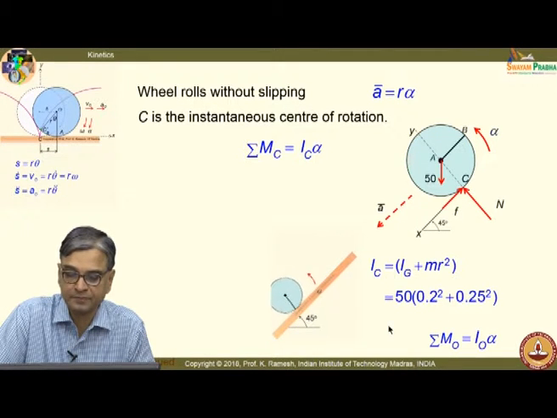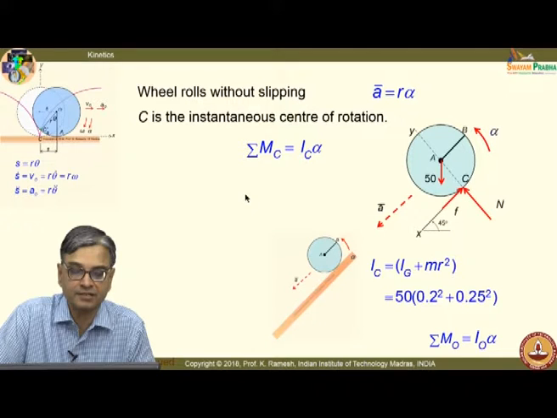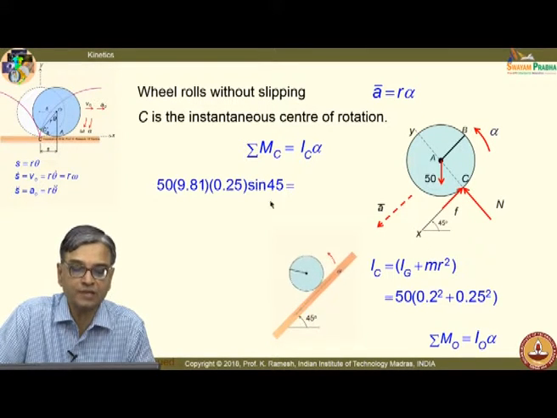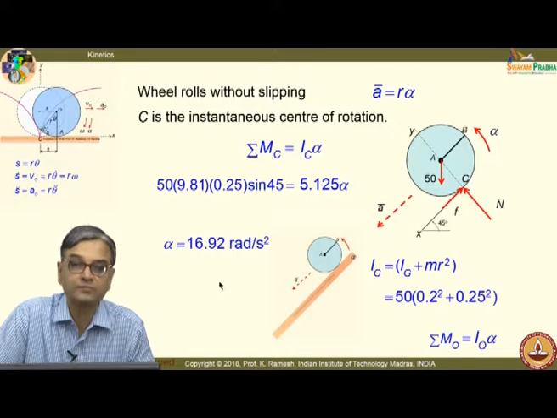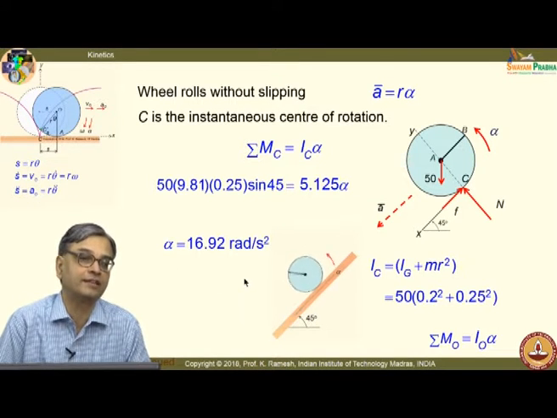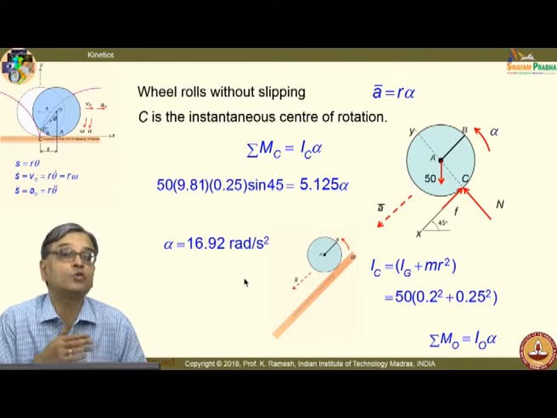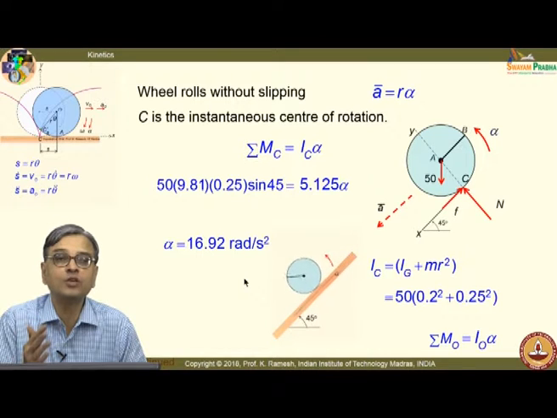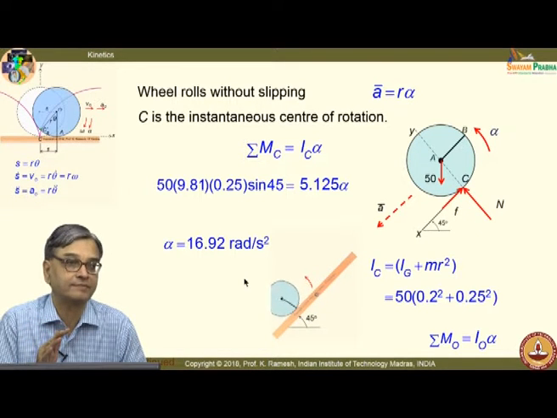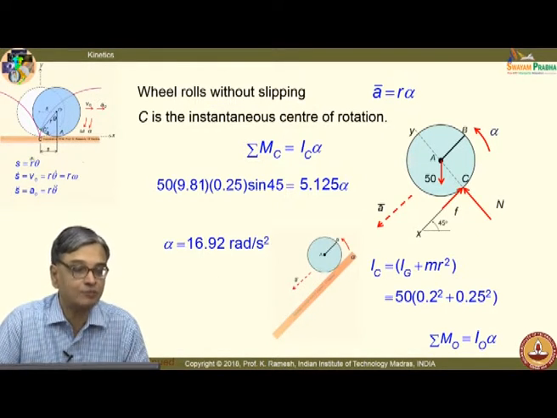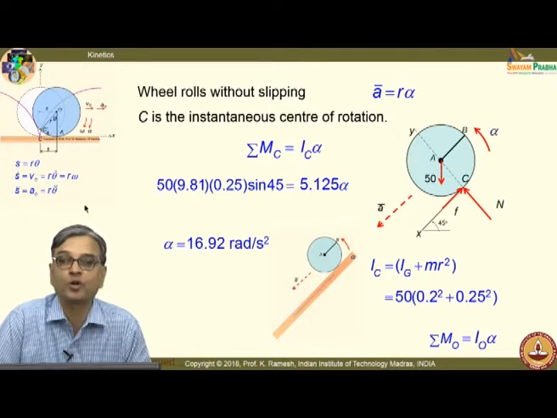Okay. So, I have this expression satisfied. So, I am in a position to get the angular acceleration from this. So, the first step is I am in a position to get the angular acceleration, and you have utilized the kinematical relationship for a wheel that rolls without slipping. So, you are expected to remember these quantities while solving problems.